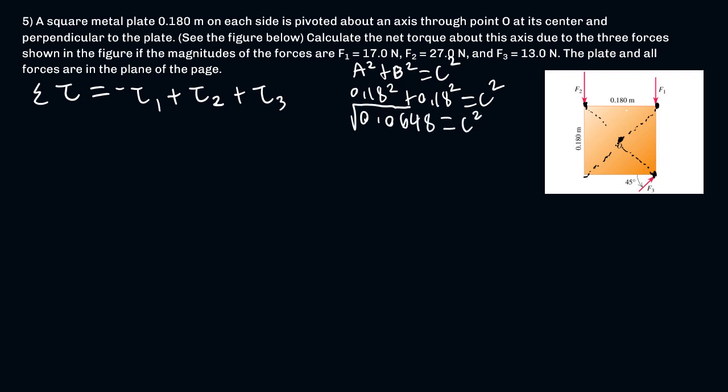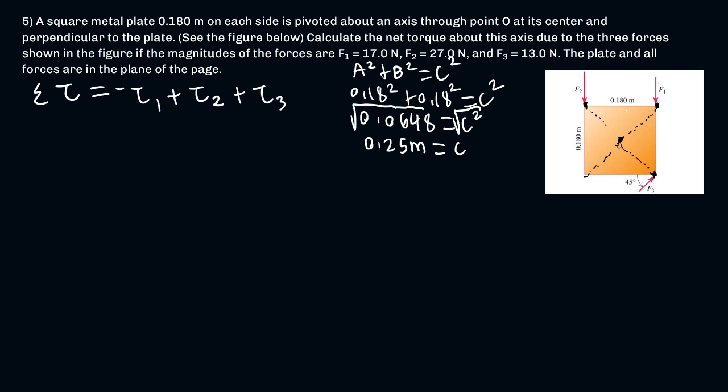Take the square root of both sides because that's how we get c by itself. And I'm going to end up with my answer here. The total distance, the total diagonal is 0.25 meters, is equal to c. And then if I divide 0.25 by 2 to get my distance there, I get 0.125.